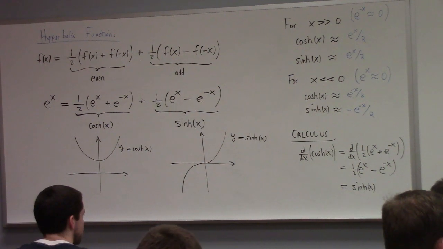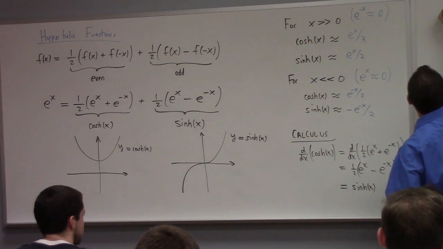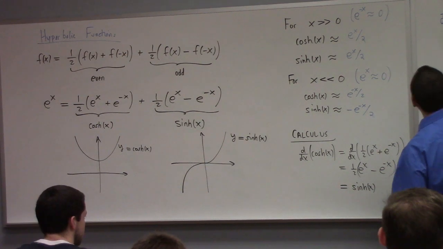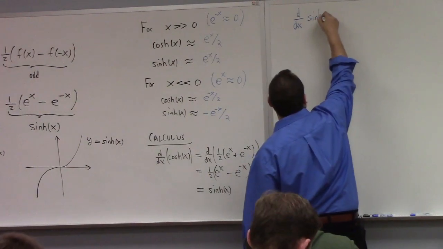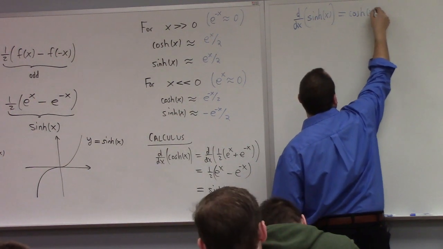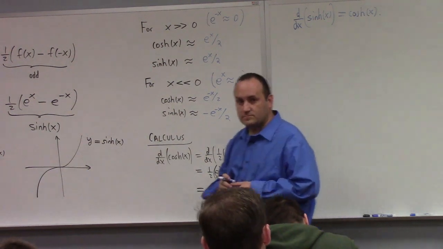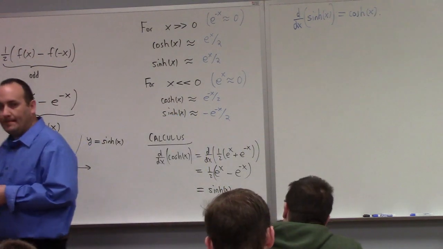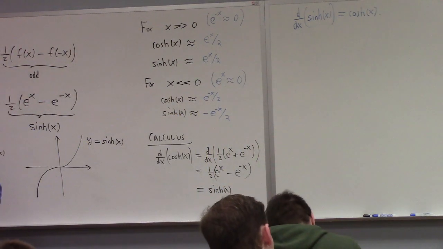All right, so on the flip side, d/dx of sinh x is cosh x, all right? So where is the hyperbolic sine increasing?